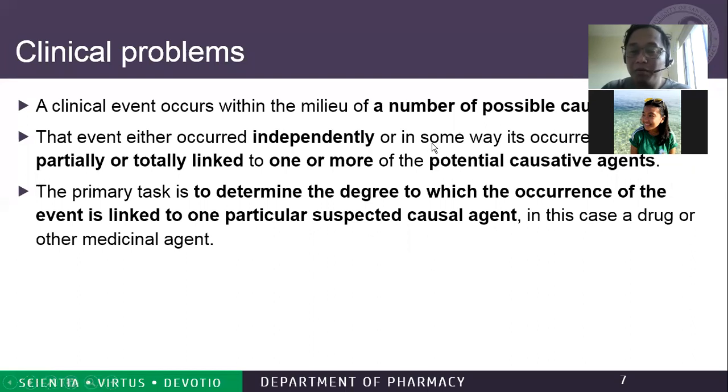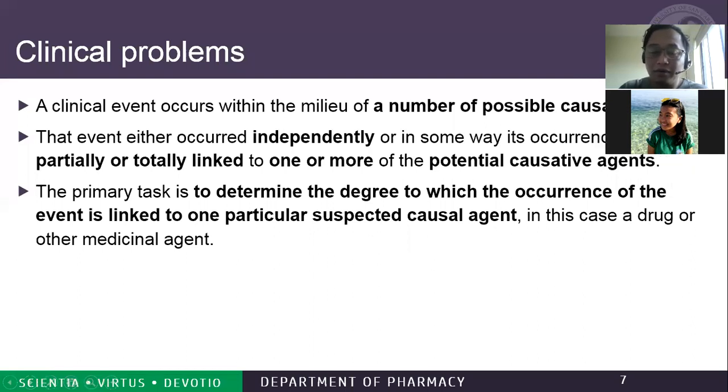So there are a number of possible causal factors, and it is not easy to find which one is probably the culprit of the reaction that occurred.